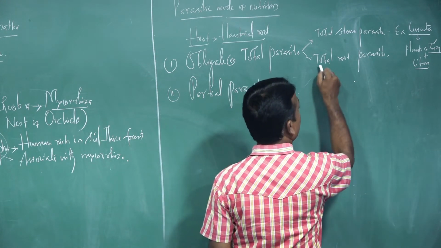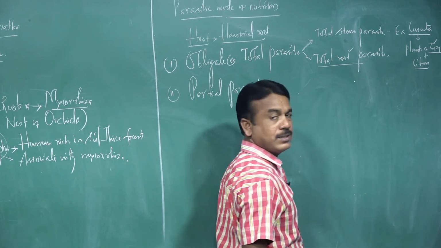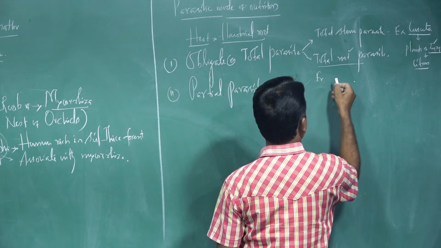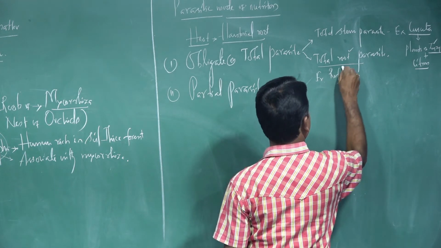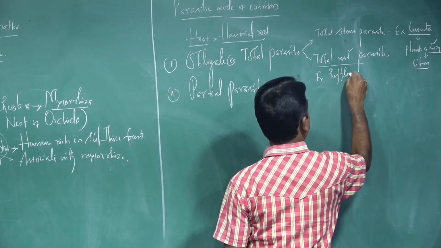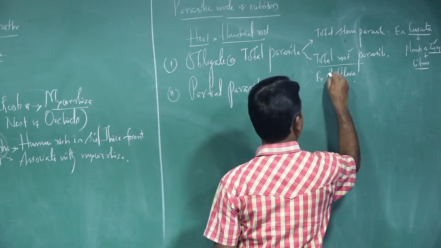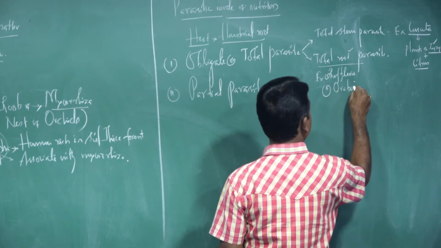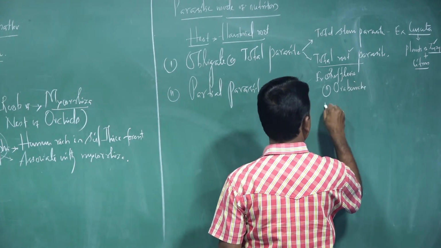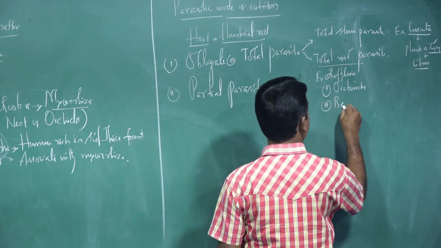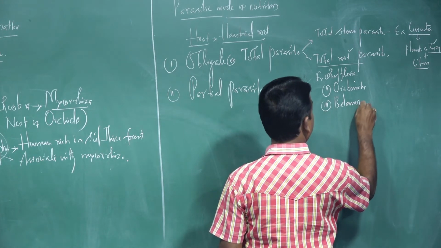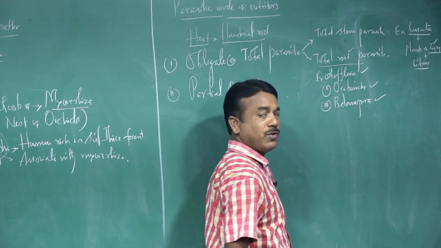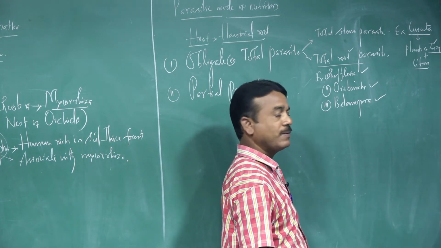Then for the total root parasite, the examples are Rafflesia, Orobanche, and Balanophora. Those are examples of total root parasites.